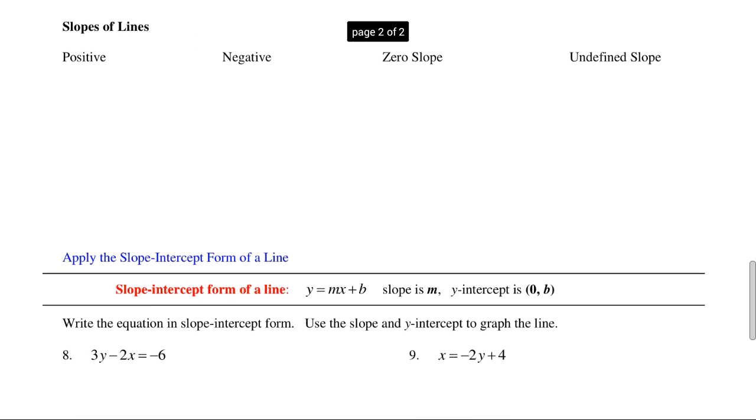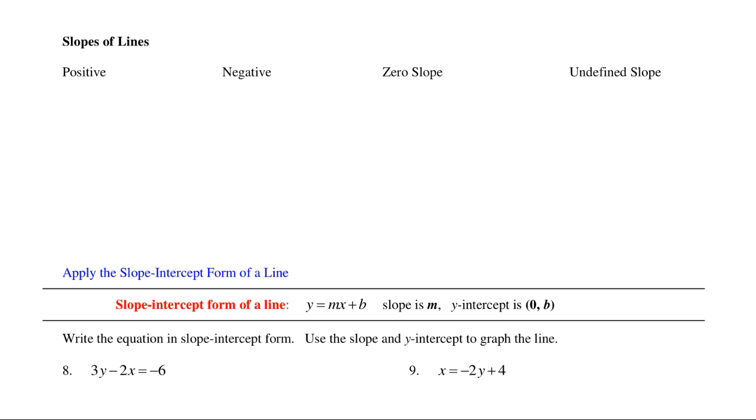So the various types of lines that we've looked at, their slopes include positive, in which case as we move from left to right, the line is going up. Okay, always left to right on this.